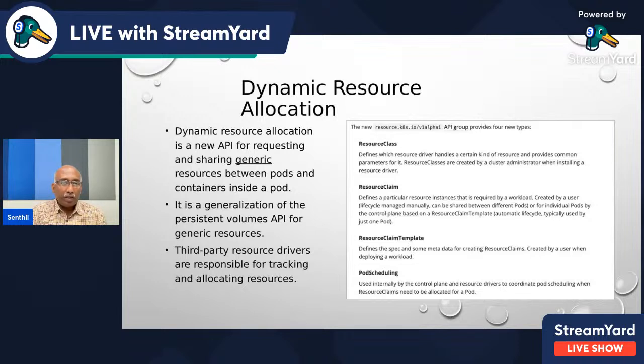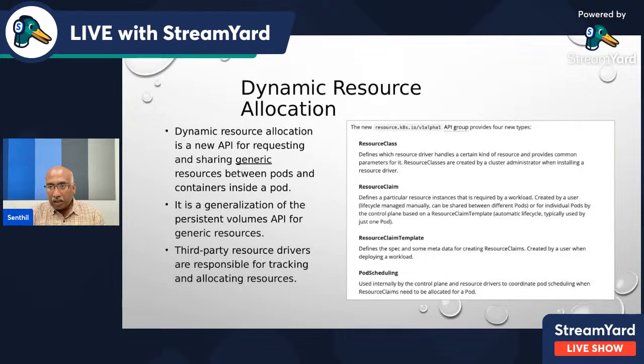Whereas these generic resources are completely outside the scope of kubelet. These are completely managed by the resource drivers. So you need a mechanism for the scheduler to understand whether a particular node will be able to fulfill the resource needs, and that can happen only by coordinating with the resource driver. So the pod scheduling API is especially for doing this coordination, and it is not exposed to the users. It is entirely used by the control plane for these coordination activities.